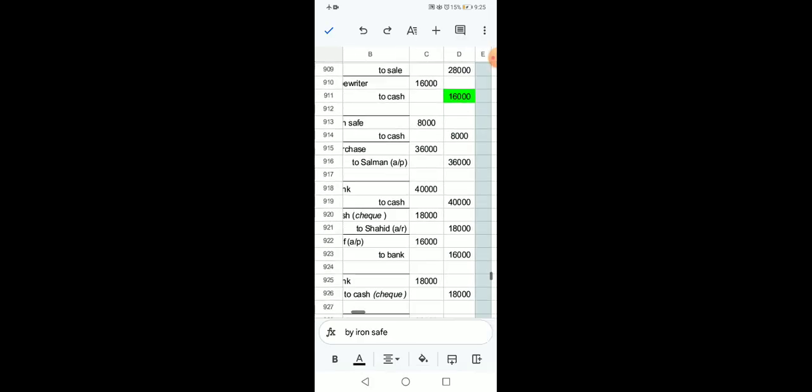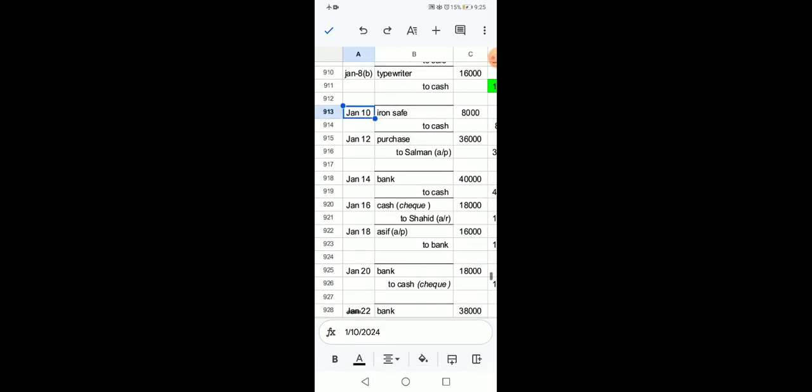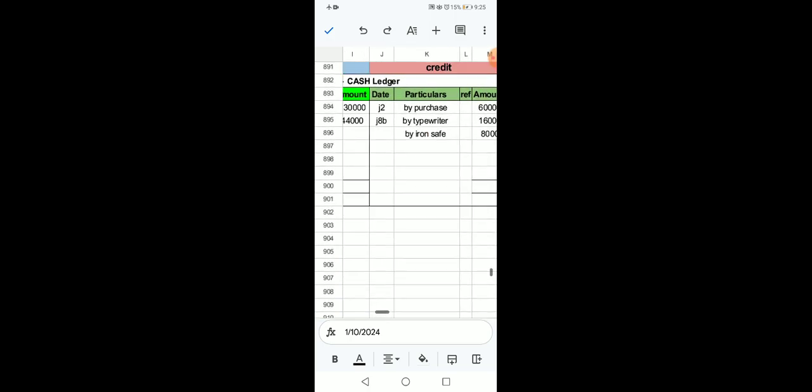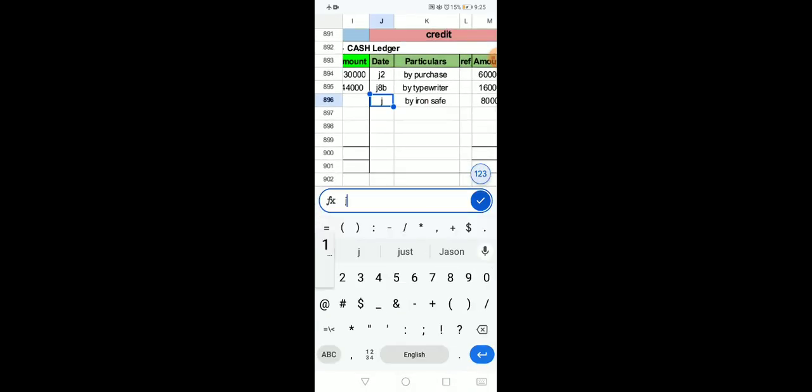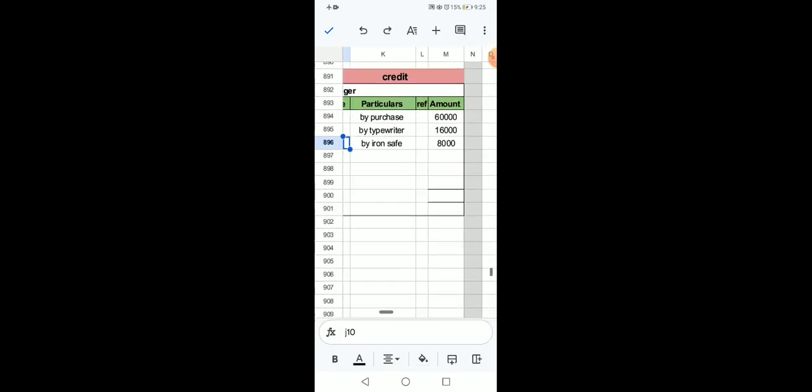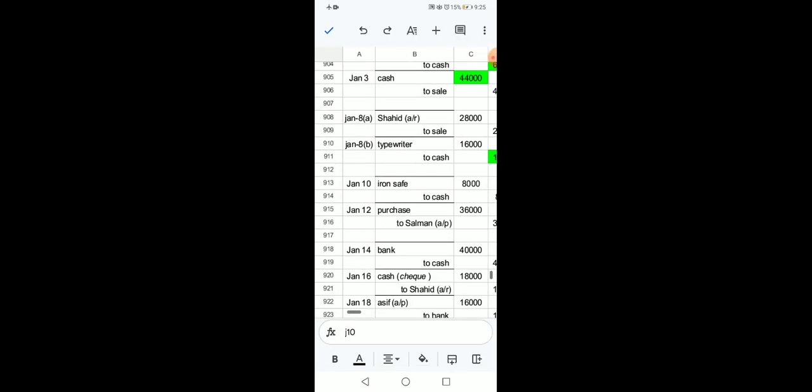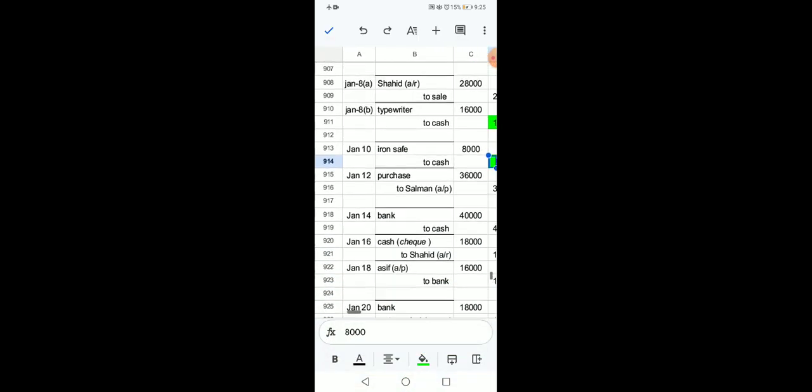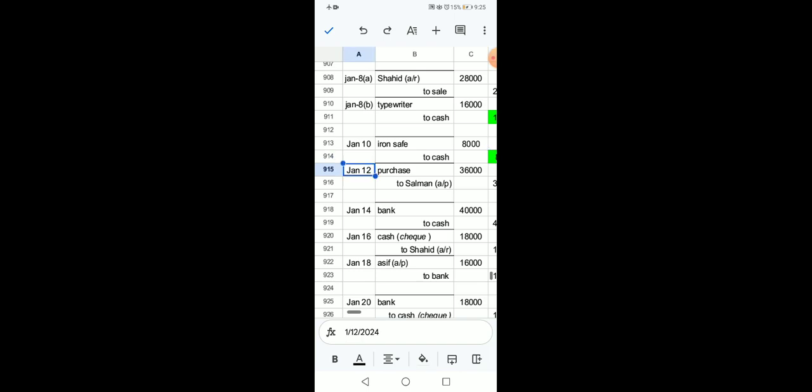For 8,000, what is the date? That is January 10. So you are going to put January 10 in the date column for 8,000. Okay, the date is written, cash is written, it has been posted to the ledger, mark it as done.